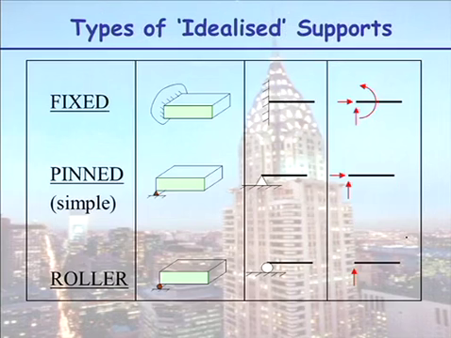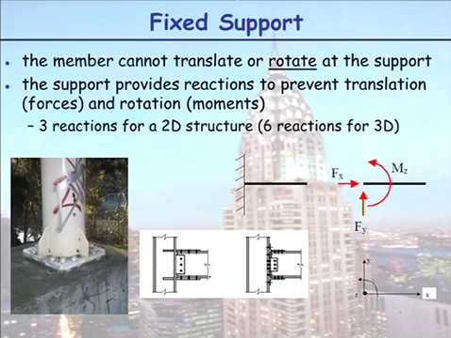So, we have 3 types of supports, our mathematical models, our support models. We have what we call a fixed support, a pinned or simple support, and a roller support. I'll go through those 3 in more detail now. So, a fixed support is where the member can't translate or rotate at the support. So the support provides reactions to prevent that translation and rotation.